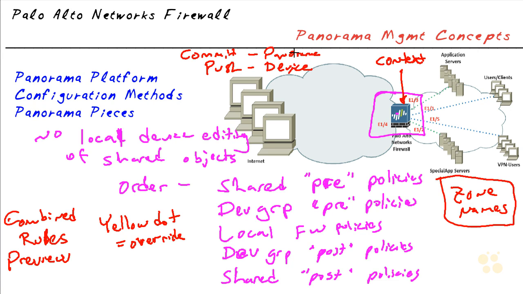Okay, so two different steps or two different things in there, and really by balancing this, it helps you kind of minimize the errors, or at least minimize the scope of the errors or misconfigs, things like that. You can look at the status of a commit job in your tasks menu in the web interface, so no big deal.